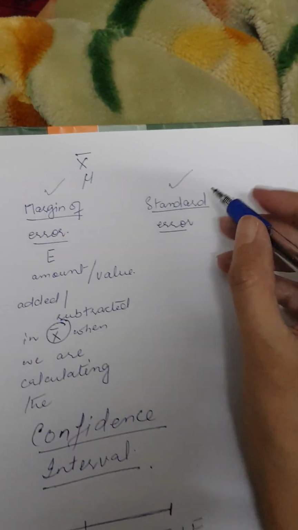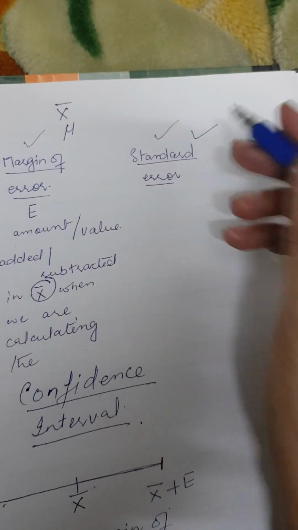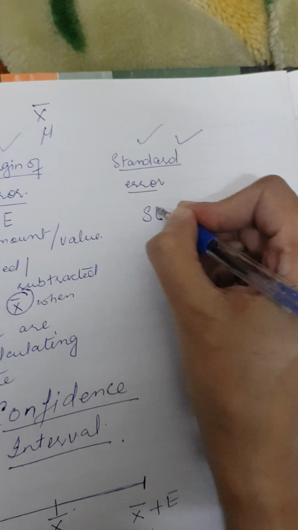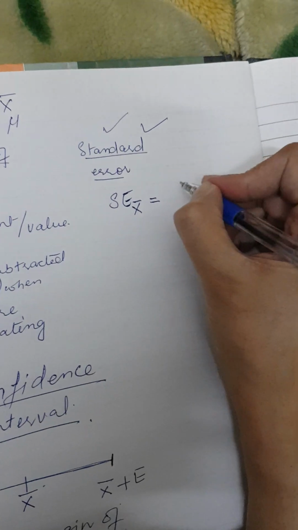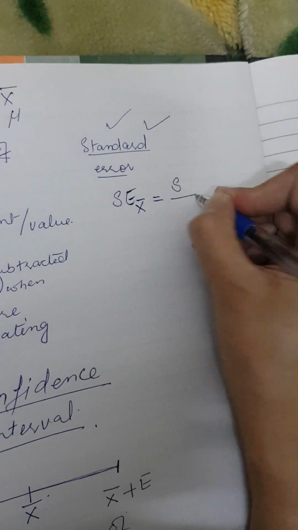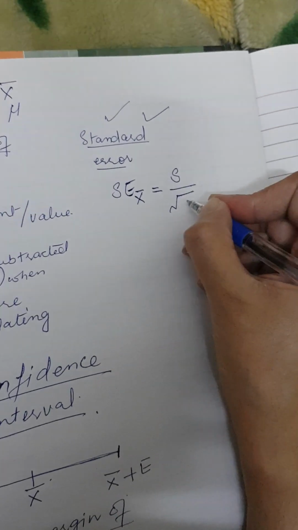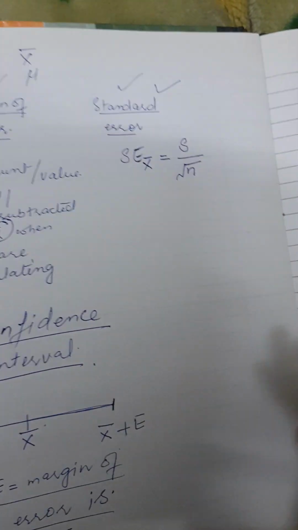And what is the standard error? The standard error is also called the standard error of the mean, and it is calculated as the standard deviation divided by the square root of n, and n is the number of samples.